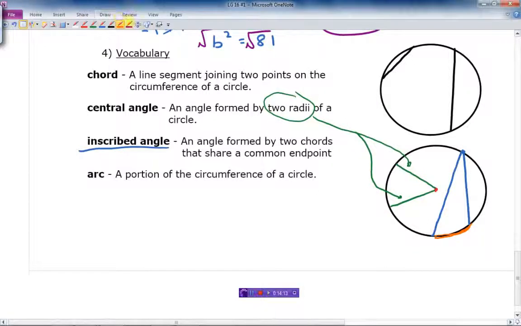And say this angle here, that's the arc that one subtends or covers. Okay, and so those are the four vocabulary words. Just so when you see them in the textbook or you hear them mentioned in class or in a lesson, you'll have an idea of what it's talking about.